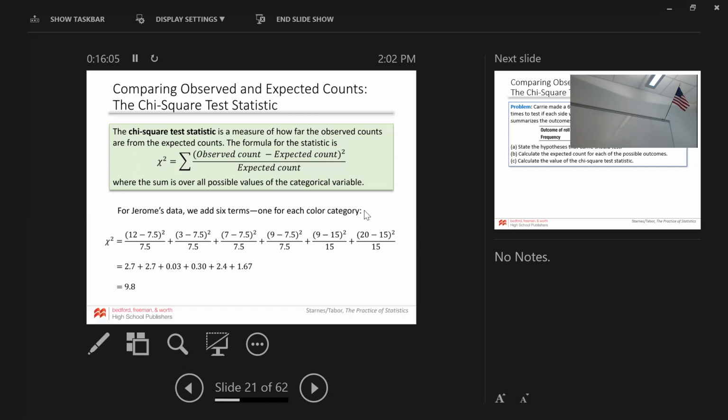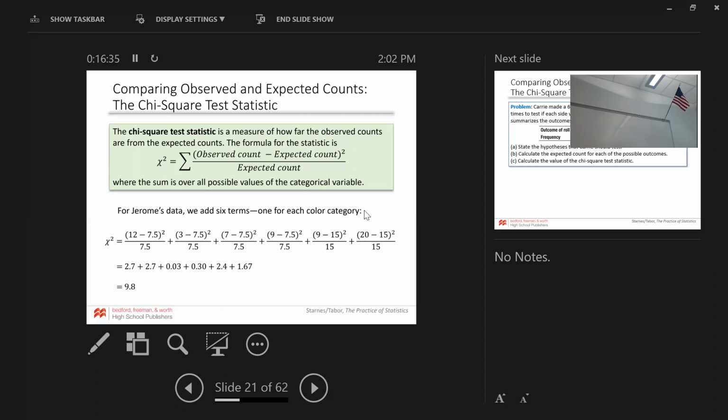What's the default? 0.05, correct. 5%. Compare your p-value to 5%. What is it? 13%. Is it higher than the alpha level or lower? Thank you. 13% is higher than 5%.